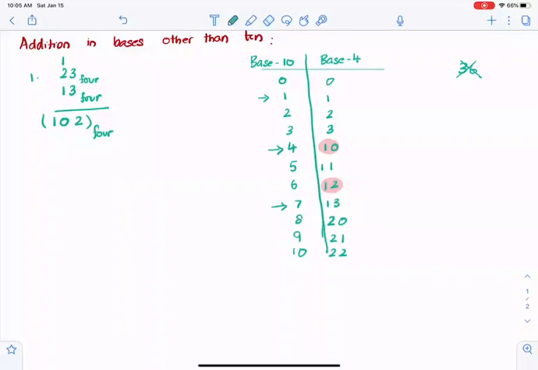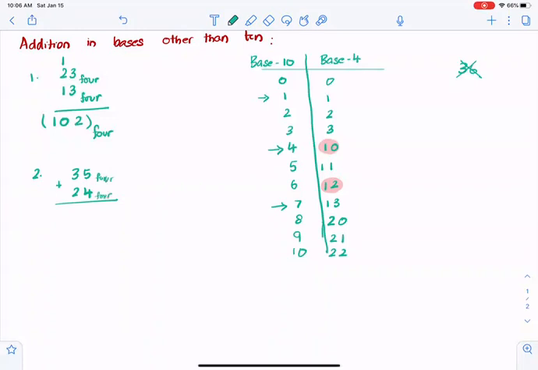So we want to add 35 and 27, or let's not do 27. Let's do 24. Base 4, base 4.